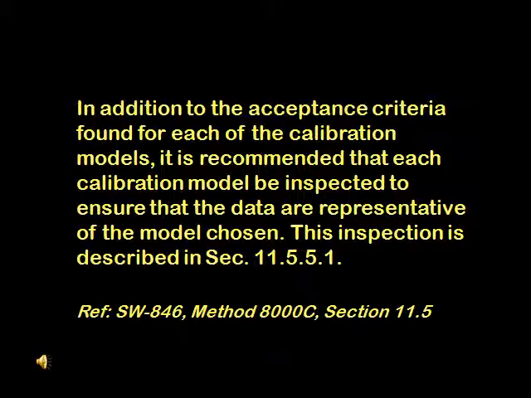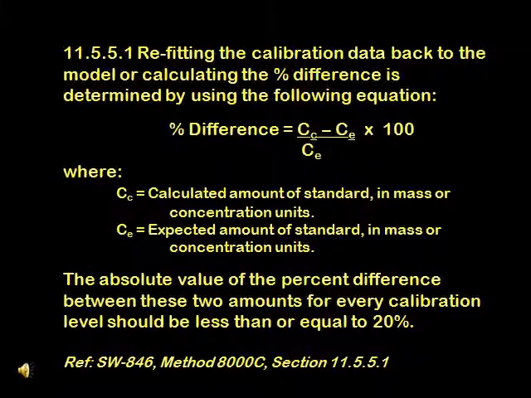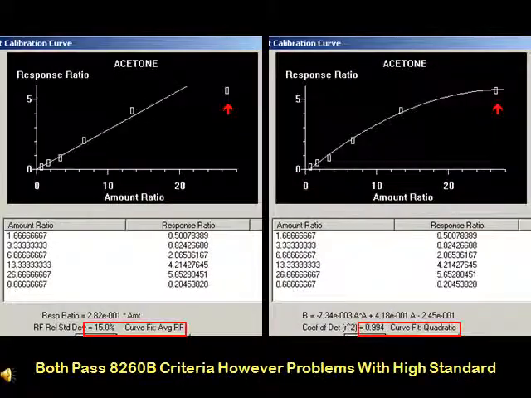This inspection is described in Section 11.5.5.1. Section 11.5.5.1 provides a formula for refitting calibration points back to the model and determining if all points in the curve have an absolute value of the percentage difference of less than or equal to 20%.